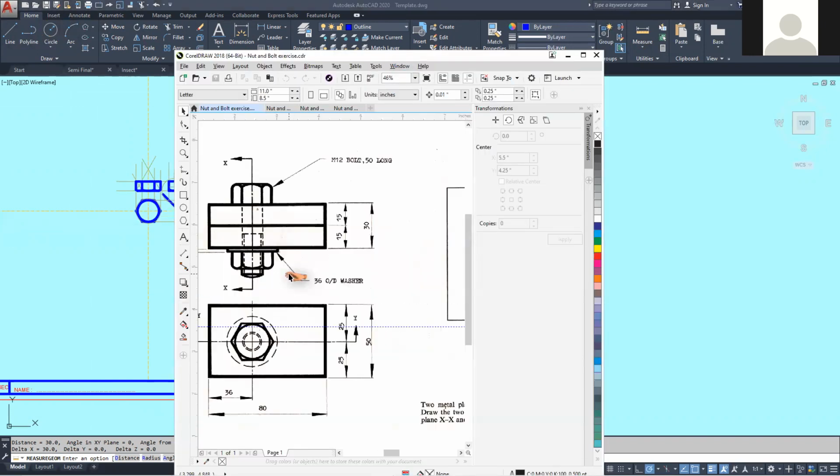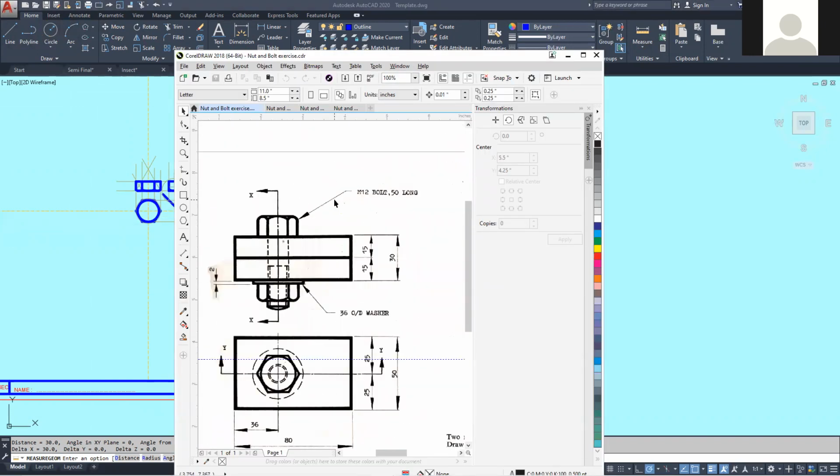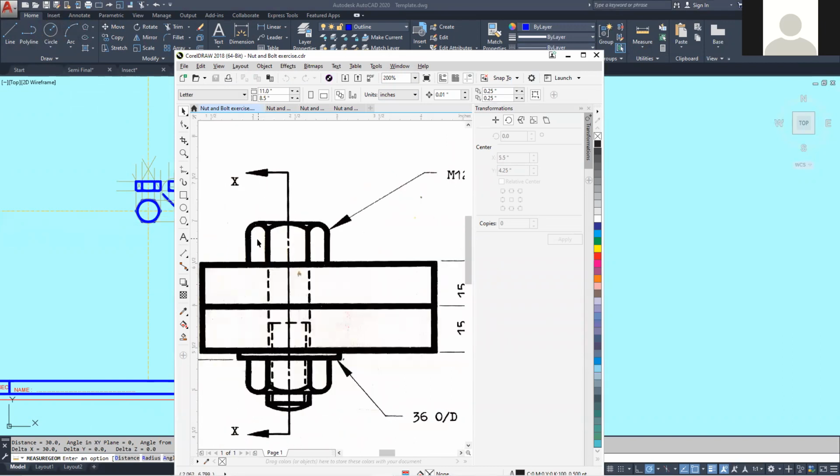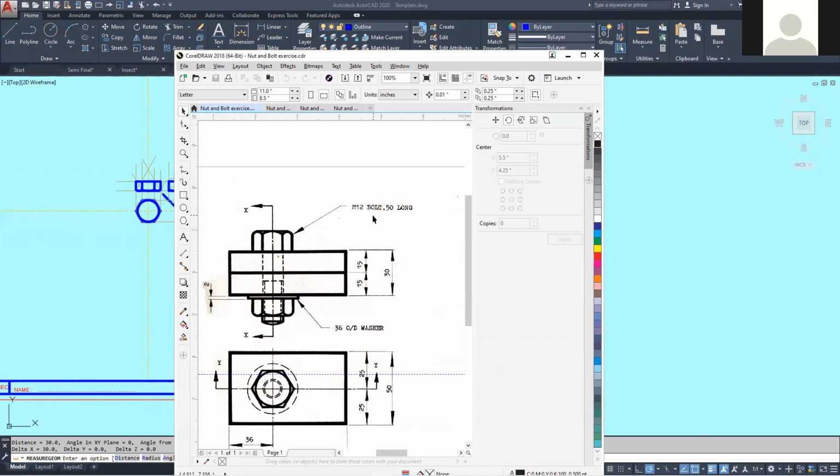Right, lovely. So if I give you this exercise to do, you can draw this head here. This is a M12 bolt. So you'll multiply by 1.2. What we are saying is that this bolt is M12, is 50 long, right?